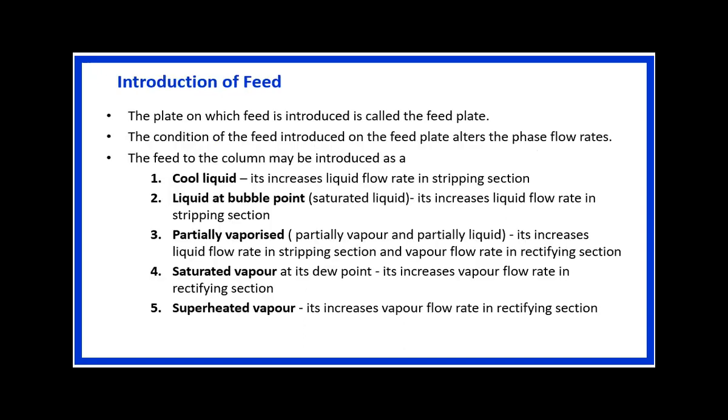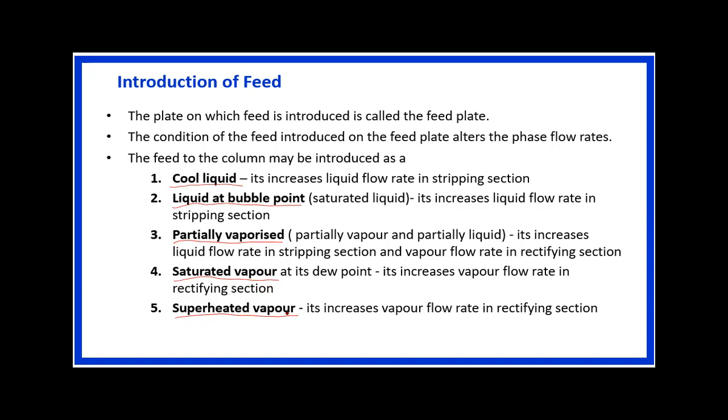So for the feed we have discussed, one of the feed conditions is cold liquid, which is already discussed. The other conditions of the feed are liquid at its bubble point, which is the saturated liquid; then a partially vaporized feed, that is partially vapor and partially liquid; a saturated vapor, that is 100% vapor at its dew point; and a superheated vapor, that is at a temperature more than the dew point.